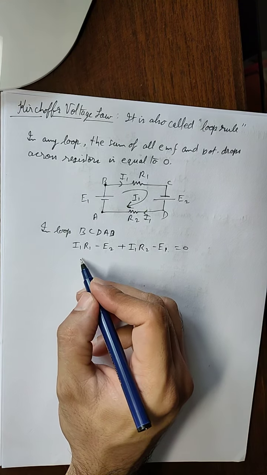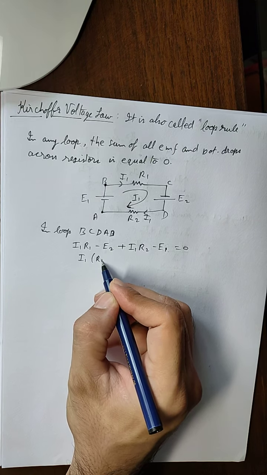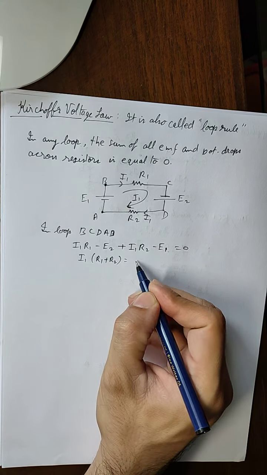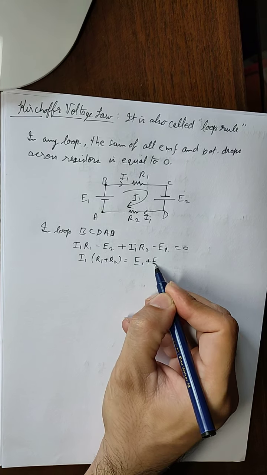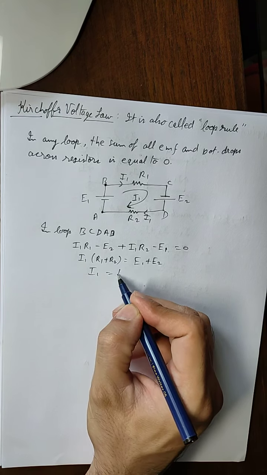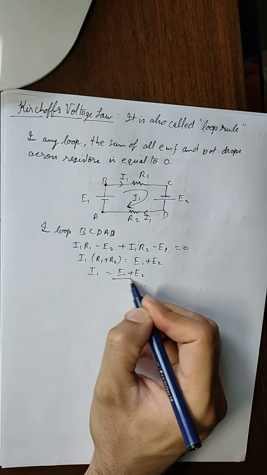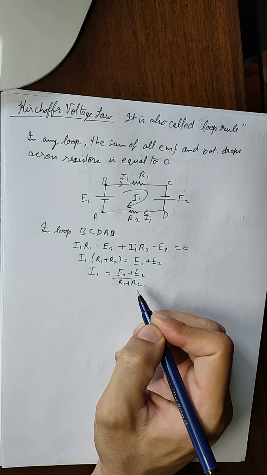So if we simplify this, then I1 times R1 plus R2 should be equal to E1 plus E2. So from this the current I1 can be written as E1 plus E2 upon R1 plus R2.